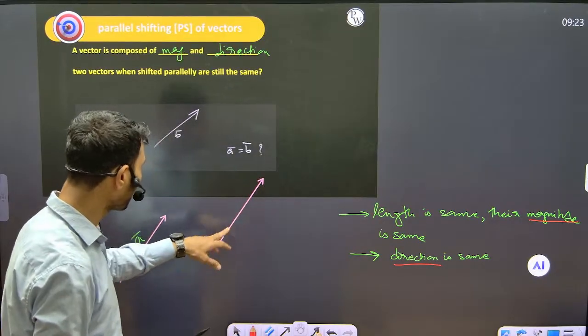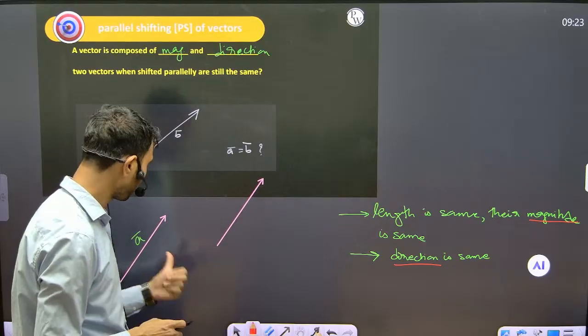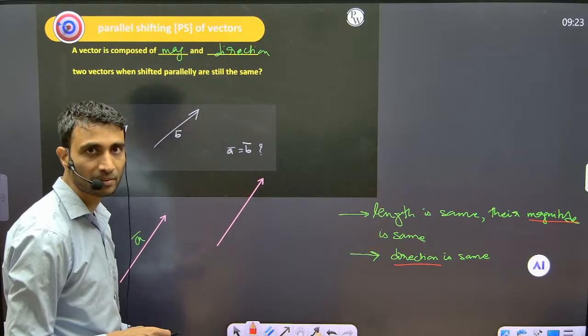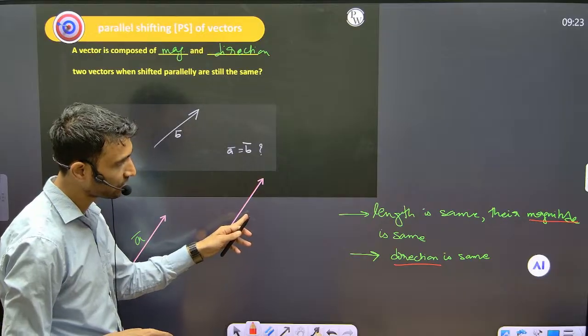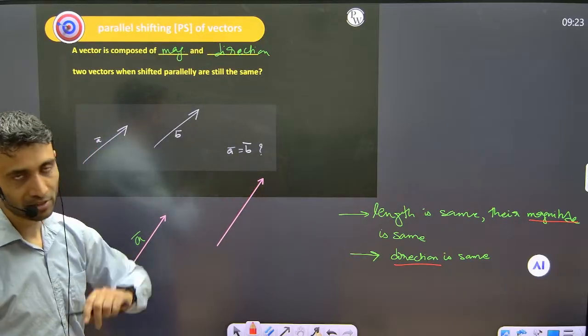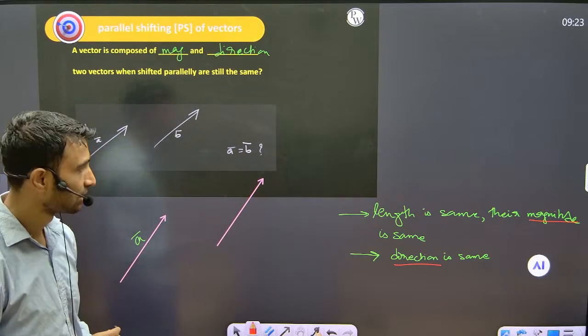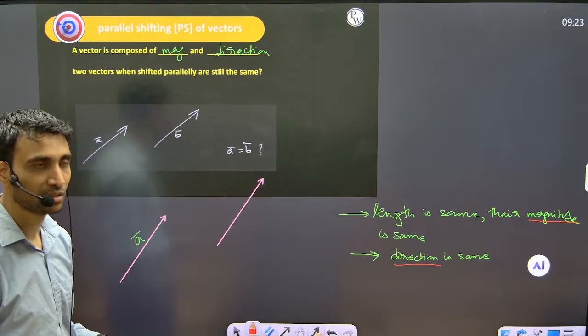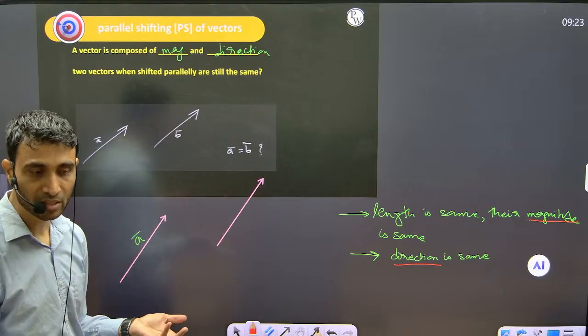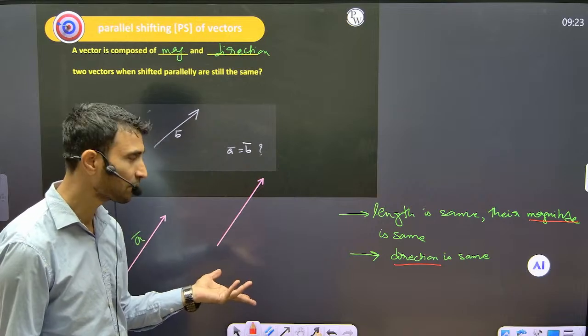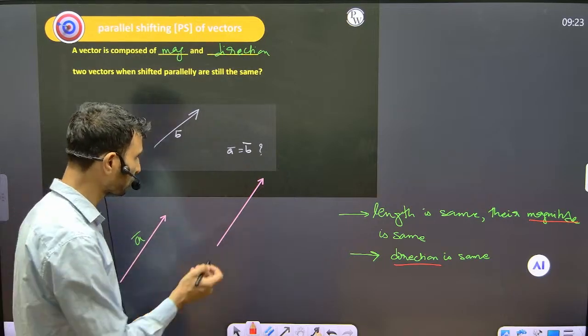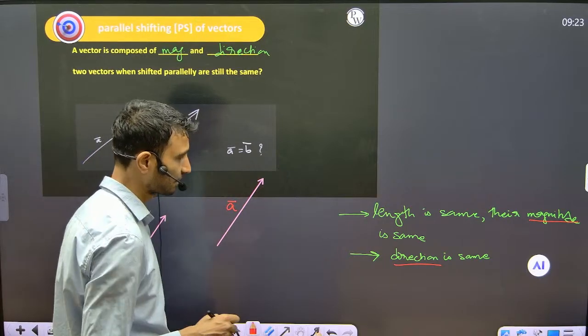So what can you say about this? If this is a vector, what will be this vector? If this new vector has the same magnitude and the same direction, and that is what a vector is made up of, magnitude and direction, and both of them are same, then if this is a vector, this is also a vector.